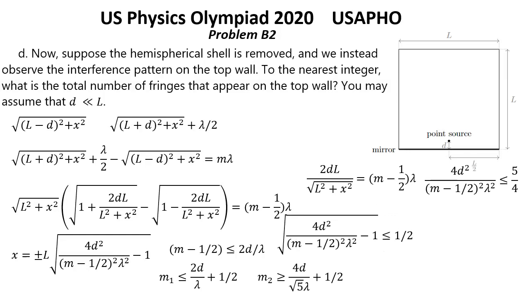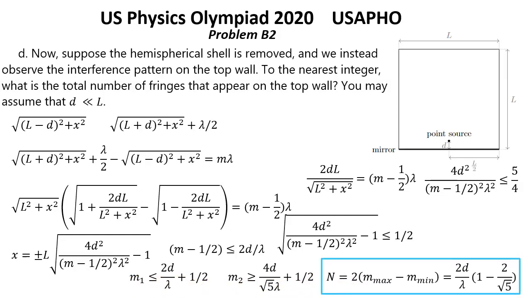On one hand, m must be greater than this expression, but less than this expression. Finally, we've got a number of fringes equal this one, and the factor 2 comes from there being two sides to the interference pattern. So that was the solution for question D, and here we have solved all questions for problem B2.